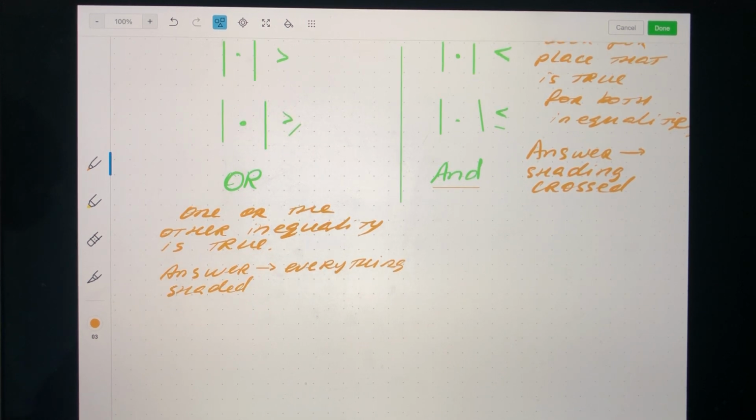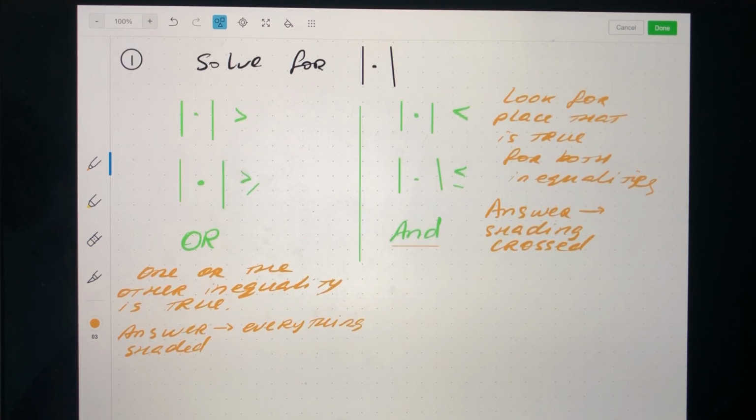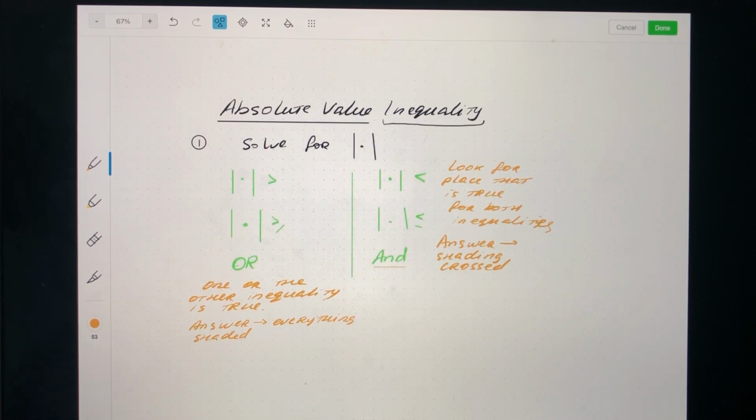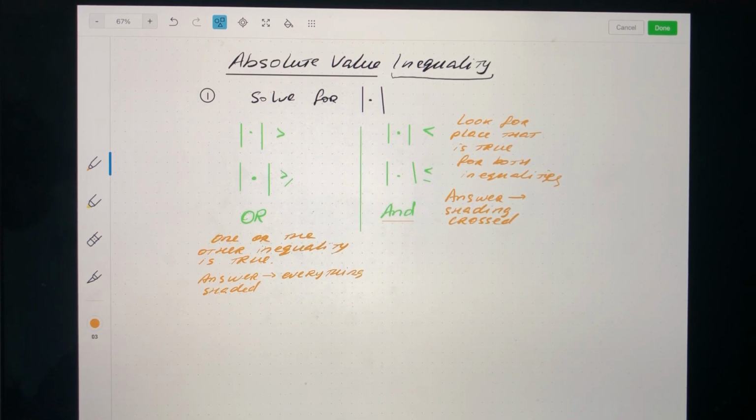So this is the main difference between solving the absolute value equation or inequality.